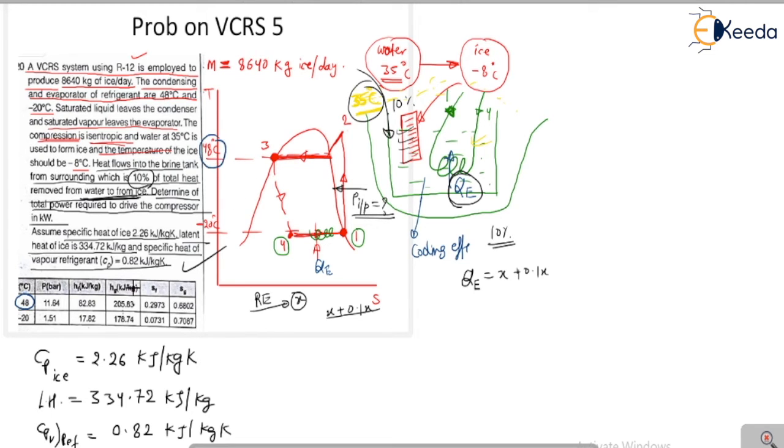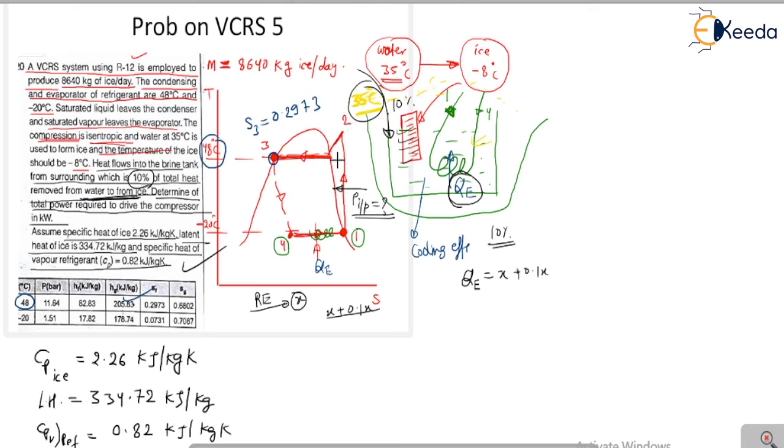At 48 degrees Celsius, the Hg value is 205.83, and the SF value is 0.2973. And SG is this value.